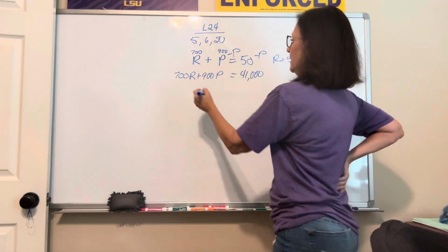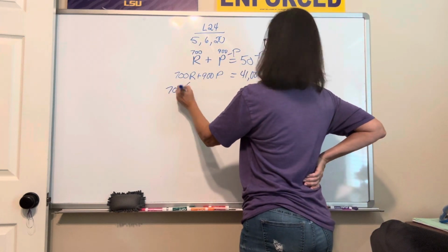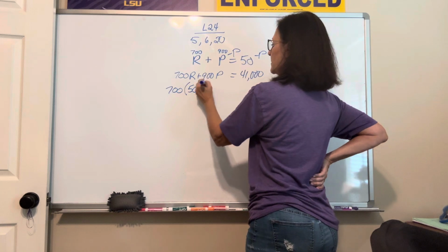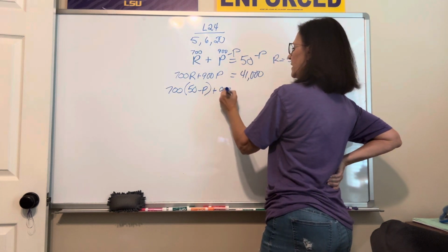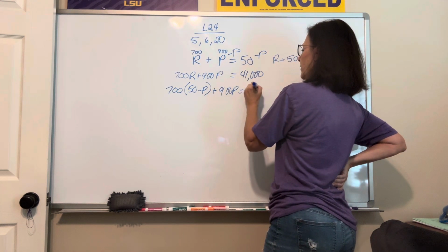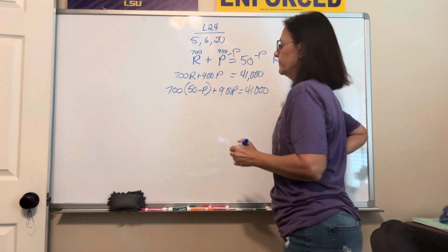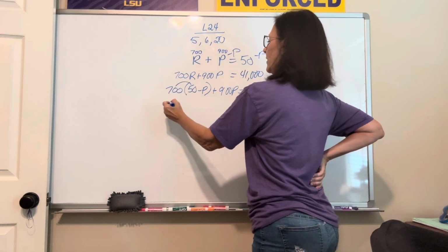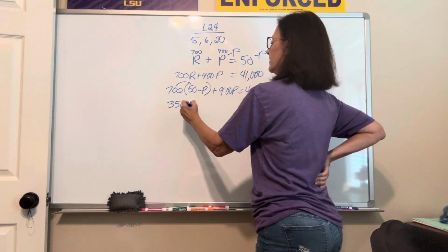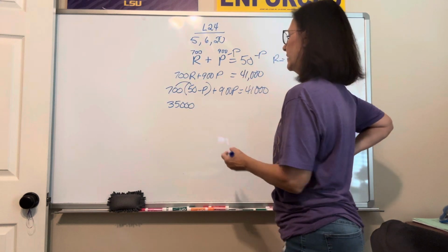All right. So we have 700, instead of raisins, 50 minus plums, plus 900 plums is 41,000. That's what? 35,000, I believe.